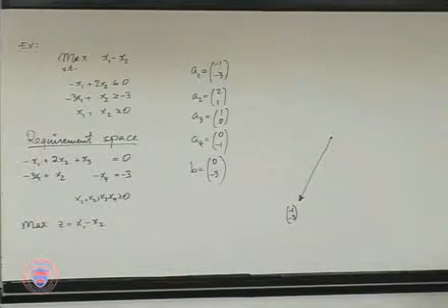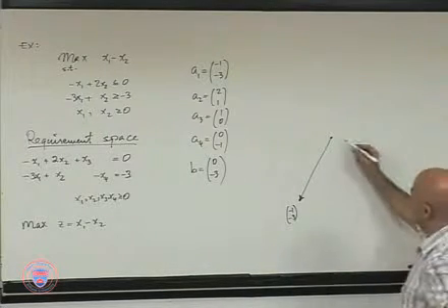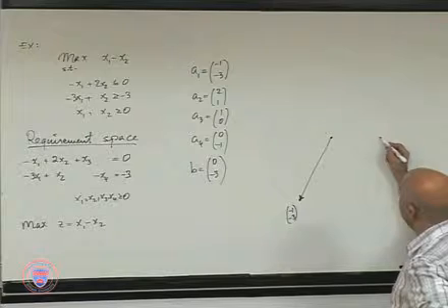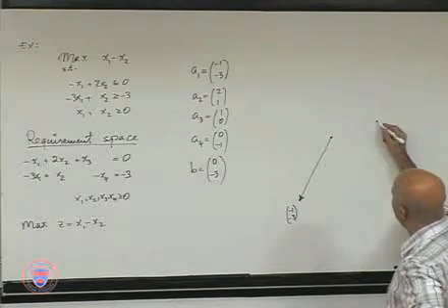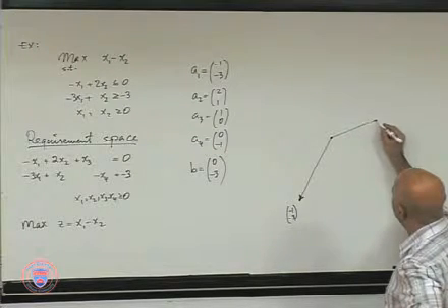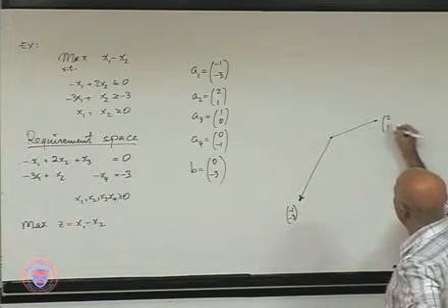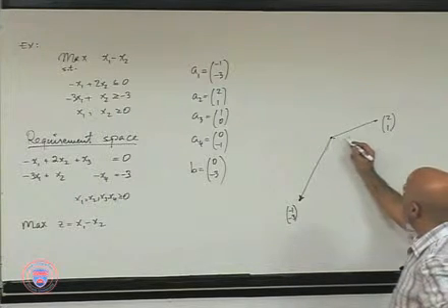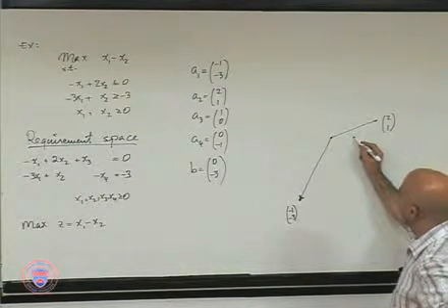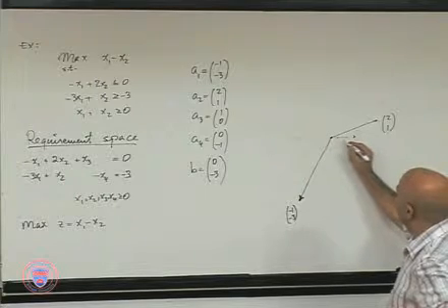My second vector, 2, 1. So I go 2 units, which is essentially here, and then 1 unit. That's 2, 1. Then we have 1, 0, which is this one.